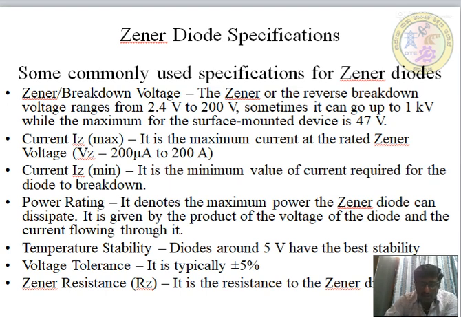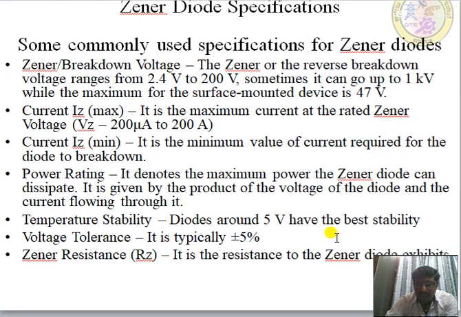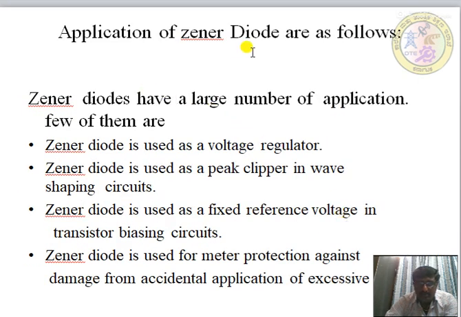Normally in electronics almost all devices were designed for 5 volts, and now it has been reduced to 3.2 volts just for the reduction of power. Next, the voltage tolerance is typically plus or minus 5%, and the Zener resistance is the resistance of the Zener diode.